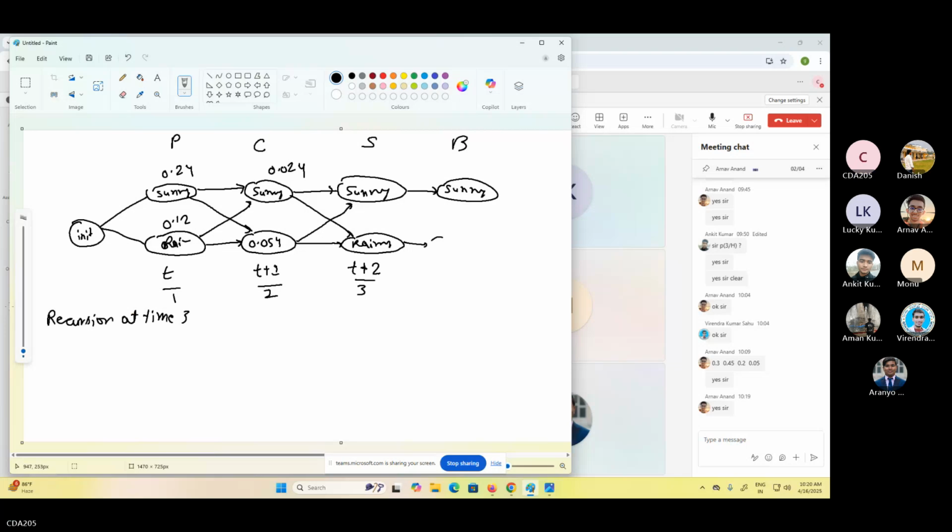Sunny, rainy. So this is T plus 3 is equal to 4. So we have to calculate this one.